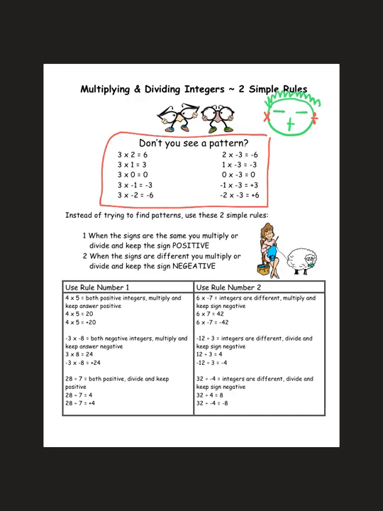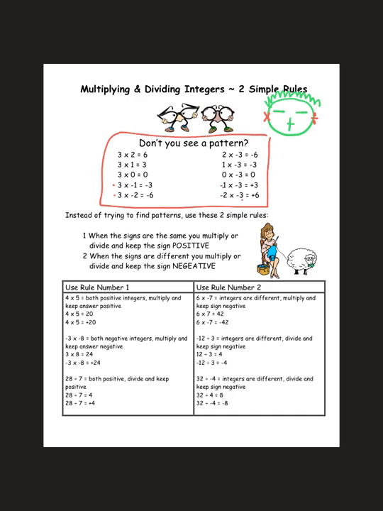Then come down here, we see that we have a positive 3 times a negative 1, which gives us a negative 3. A positive 3 times a negative 2 gives you a negative 6. And then we have some more positive times negatives. And then over here, we have a negative 1 times a negative 3, which gives you a positive 6.